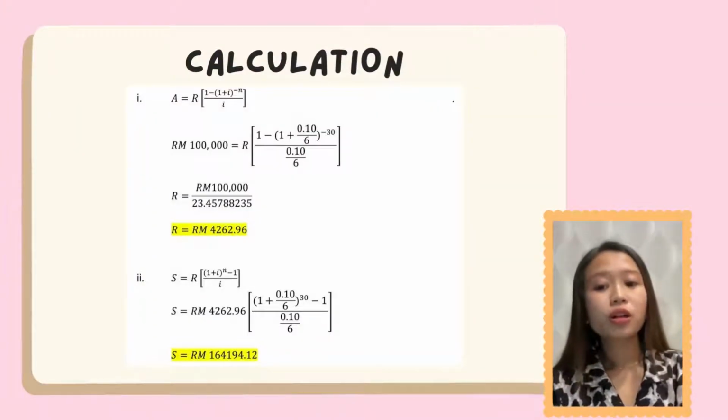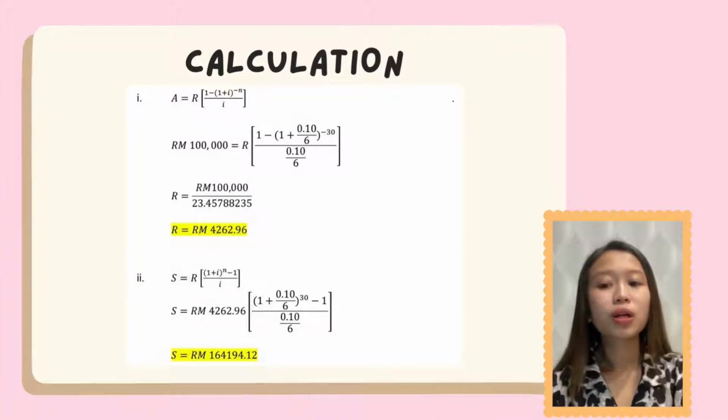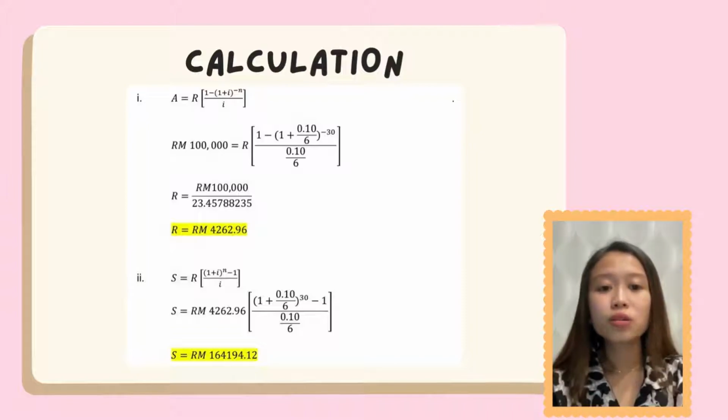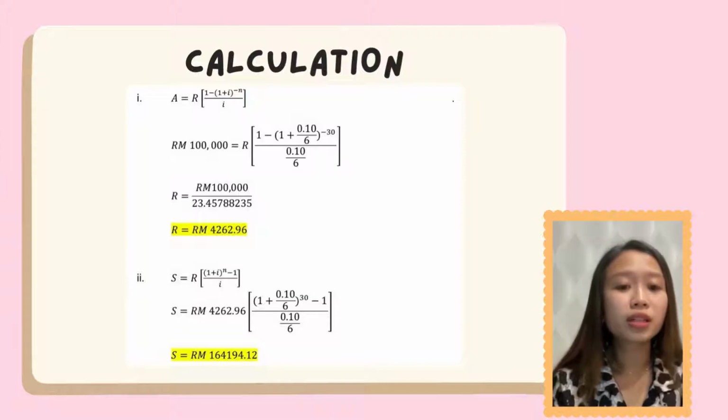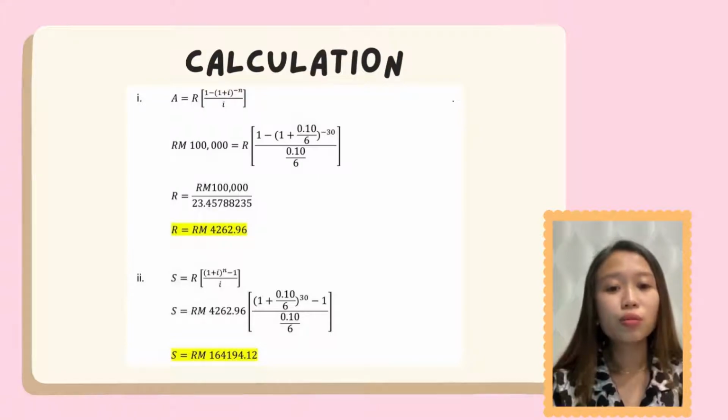Question 1, we need to calculate the periodic payment. Hence, by using the data collected above, we need to find R using the present value formula. The present value formula is A equals R in bracket 1 minus in bracket 1 plus i to the power of negative n, over i.